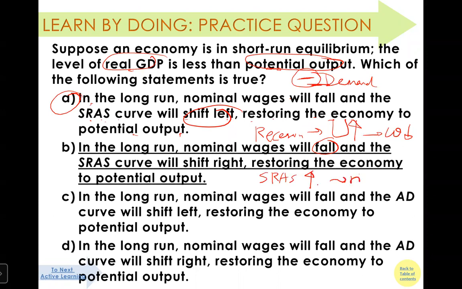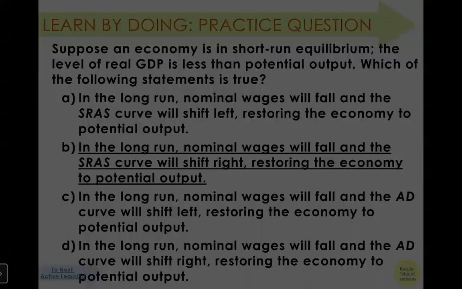It means moving to the right. And eventually we are going to restore our long run macroeconomic equilibrium by producing at our potential level. Okay, so B is correct. Right. The other one.